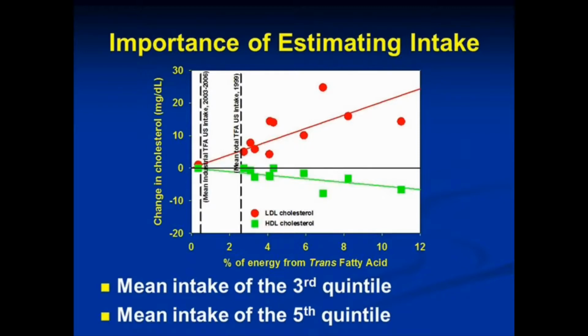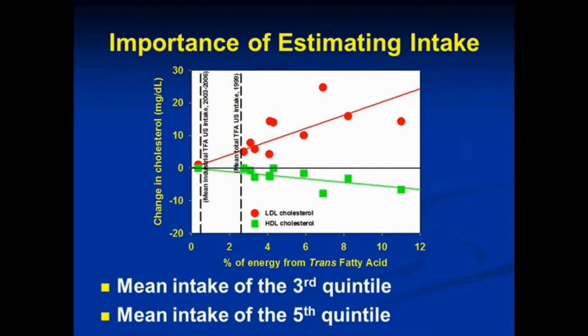What I think is important about the slide is that when many of these studies were done, mean intake of trans fatty acid in the U.S. was probably about 2.5–3% of energy. 90th percentile of trans was probably around 4% of energy, maybe a little bit higher, but somewhere in this range. Yet a lot of the studies that we've conducted were at levels of trans intake that were significantly higher.